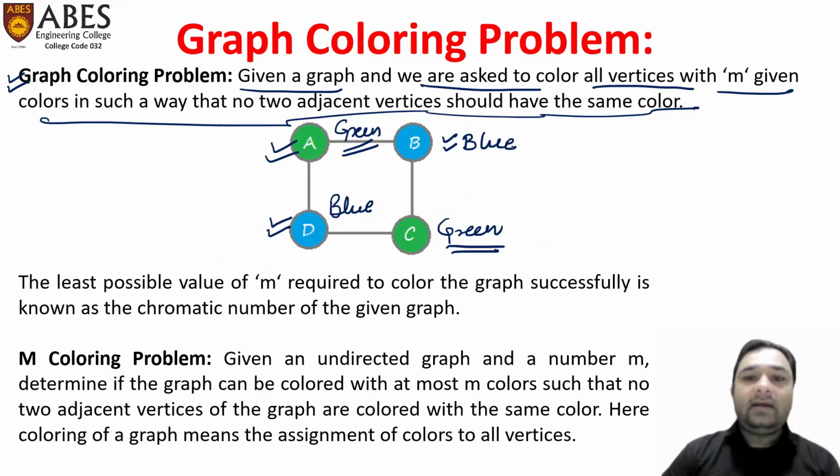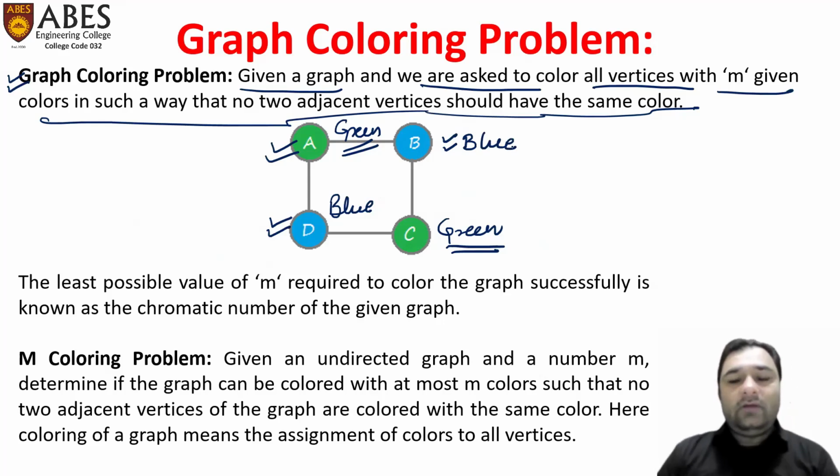So in the given graph, where we were given four vertices and four edges, we decode that two colors will be used to color the graph in such a way that no adjacent vertex will have the same color.